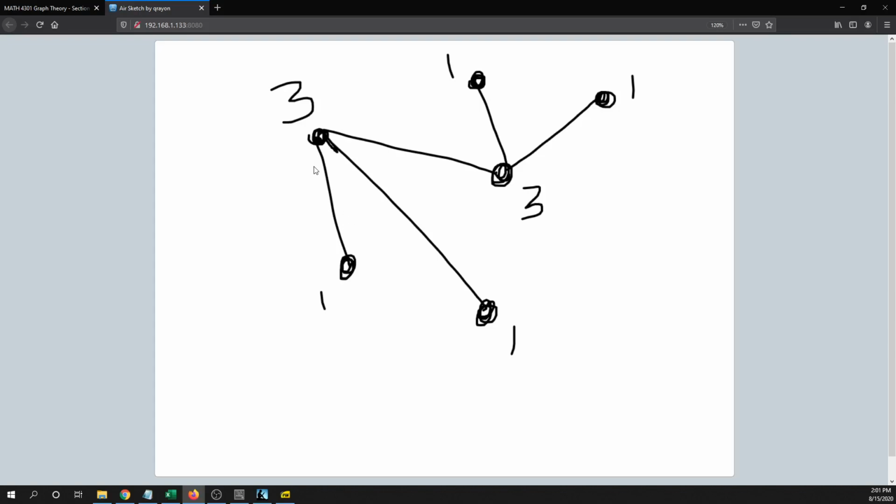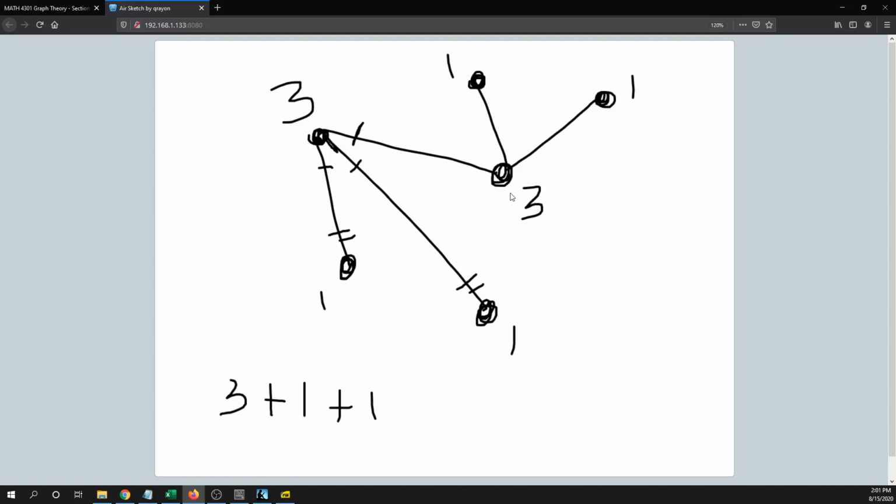So for instance, here I count this edge and this edge when I do the 3. Then I count this edge here, so that counts this edge here. So you can see that one's been counted twice when I do the +1. Next, I add this one, so that means I'm counting this edge a second time.